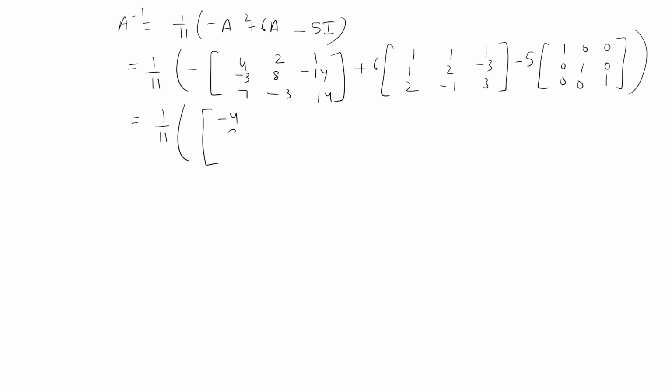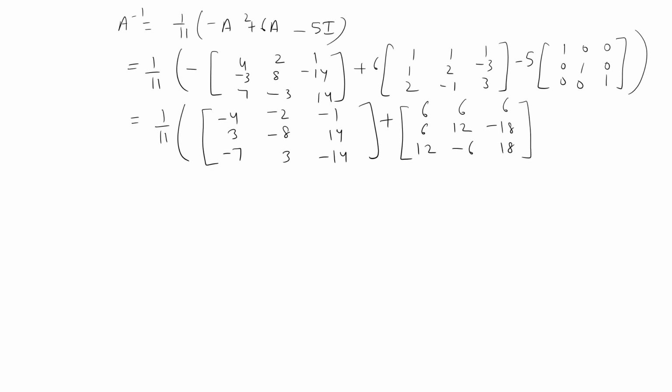So it is minus 4, 3, minus 7, minus 2, minus 8, 3, minus 1, 14 and minus 14, plus 6, 6, 12. We can do it in one round also, but minus 18 plus 18, and this can be written as 5, 0, 0, 0, 5, 0, 0, 0, 5.